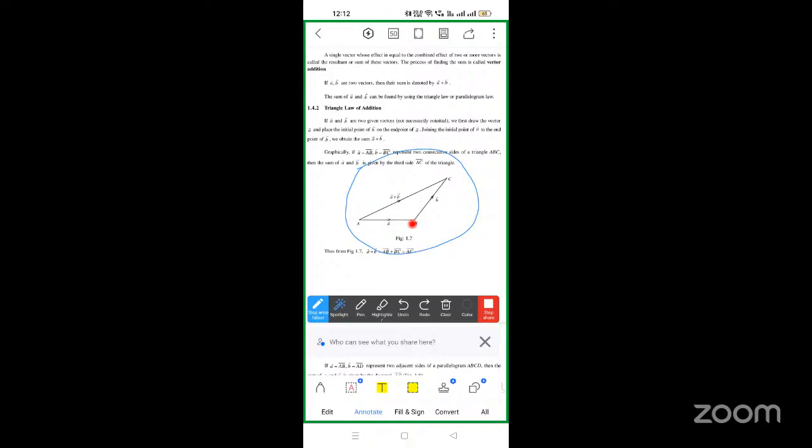The sum of two sides of the triangle is equal to the remaining side, that is the third side of the triangle. That is, side AB plus side BC is equal to side AC.